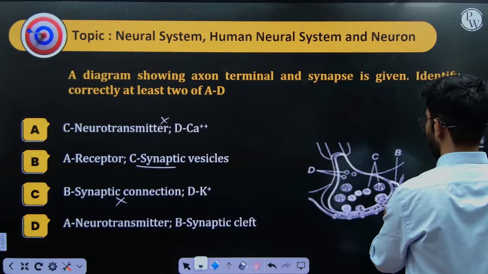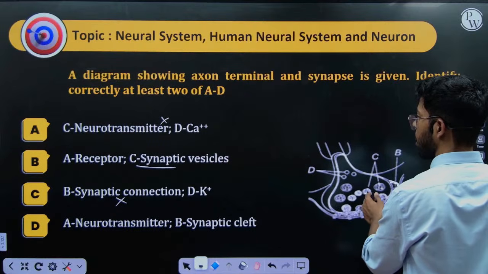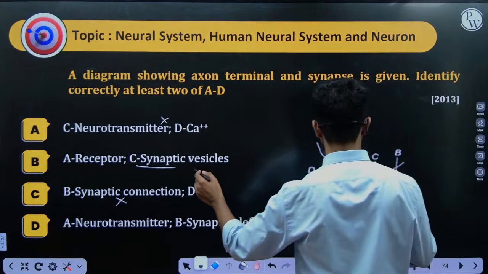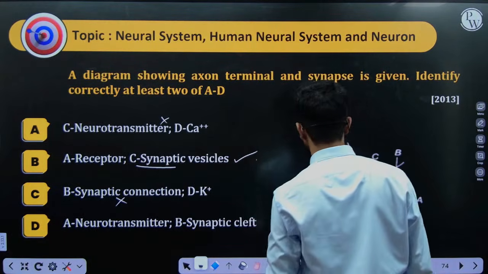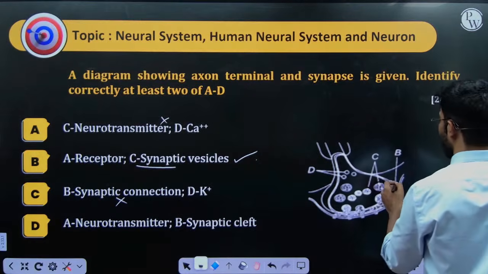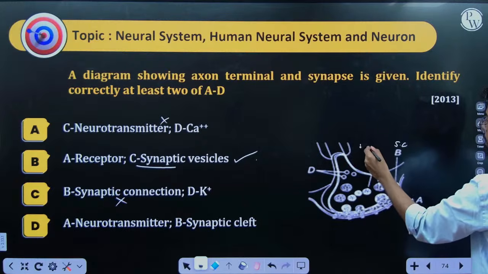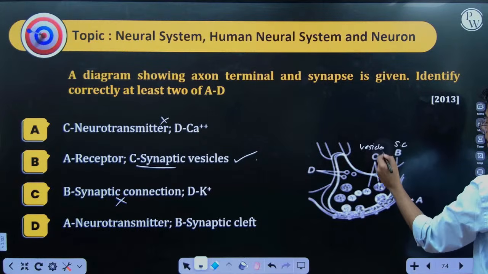Actually, A is the receptor and C is the synaptic vesicles. So this is the right answer. Here B is the synaptic cleft, and these are the vesicles and the receptor.